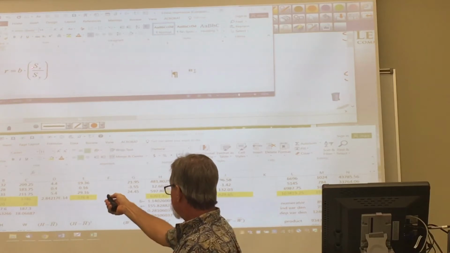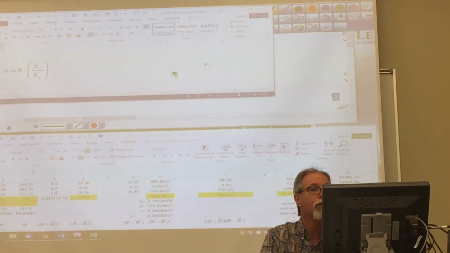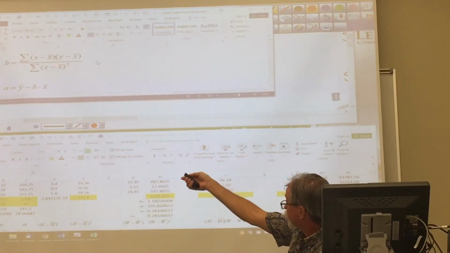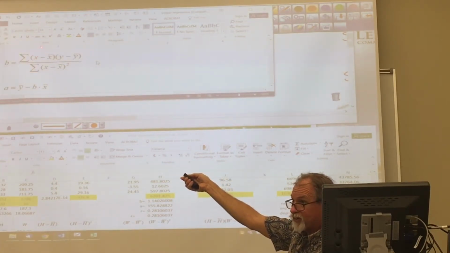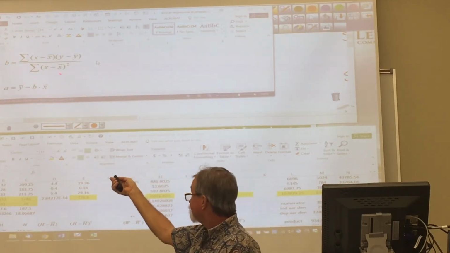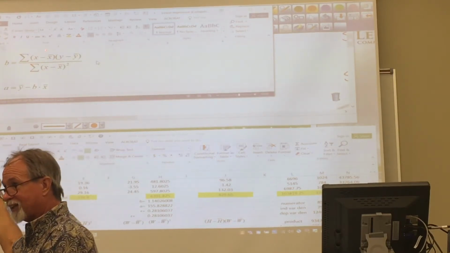What is B? If you use this, B is that one right there. That's the slope that we calculated for the line. B is the slope that we calculated for the regression line.